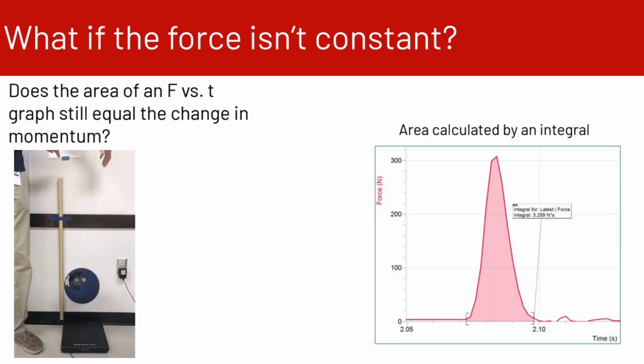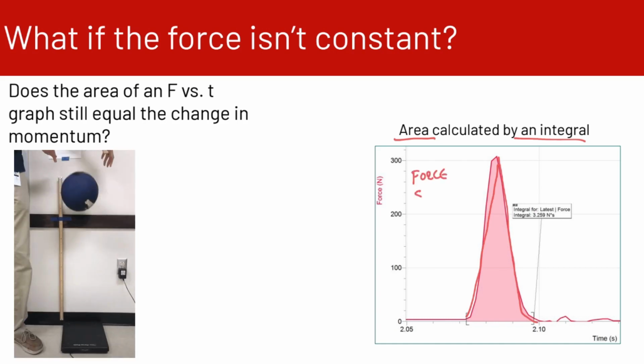And then finally here's the area that's calculated by an integral. So this is the force versus time graph that we were looking at before, that came from the force sensor. And the integral calculated this.